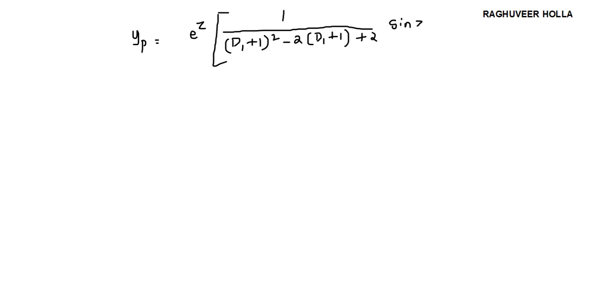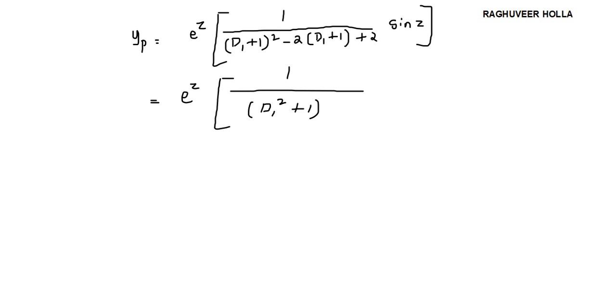Let us further simplify it: e to the power of z and 1 divided by, if I simplify the denominator, D1 square plus 1, with sine z in the numerator.